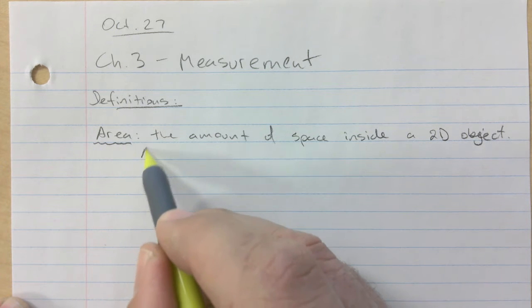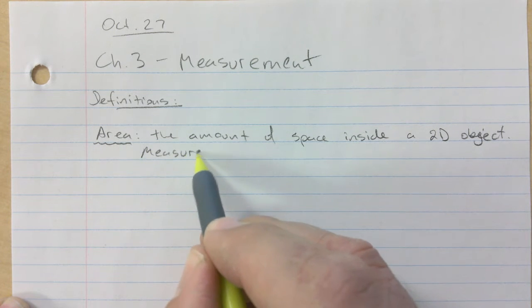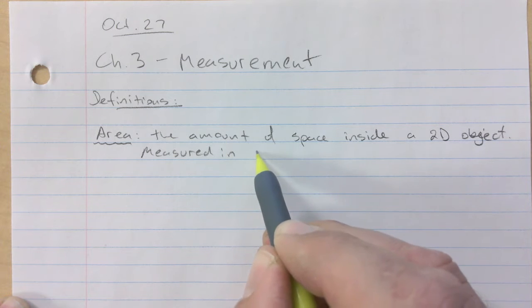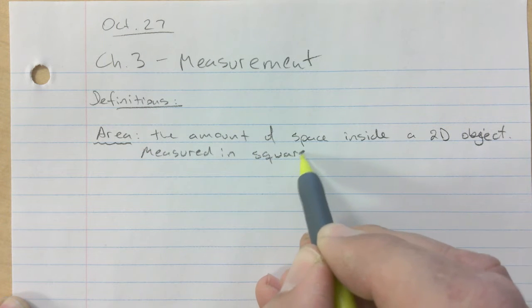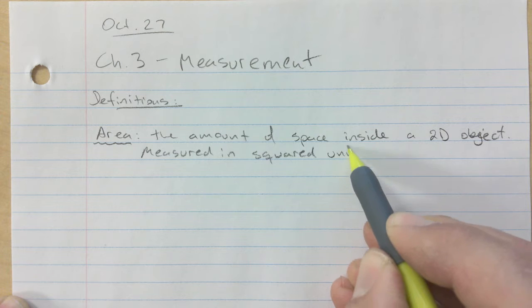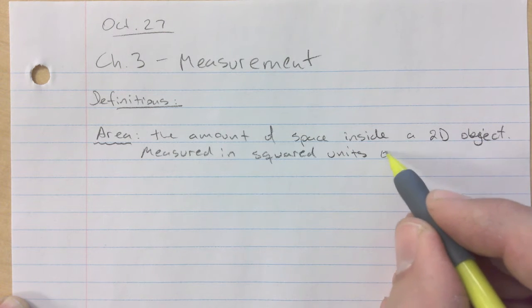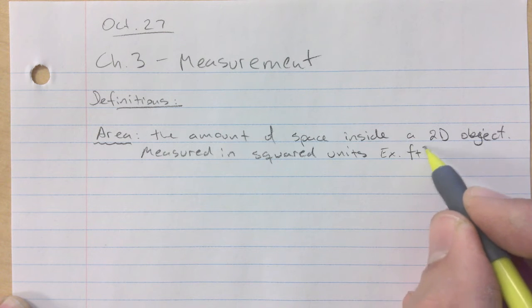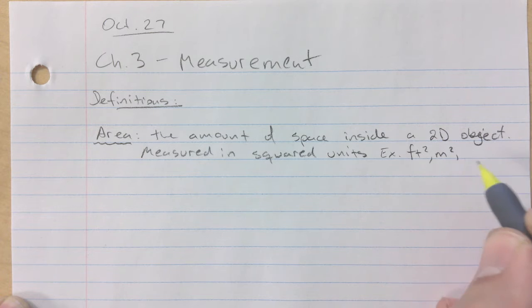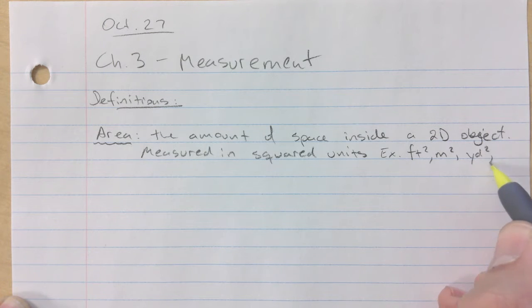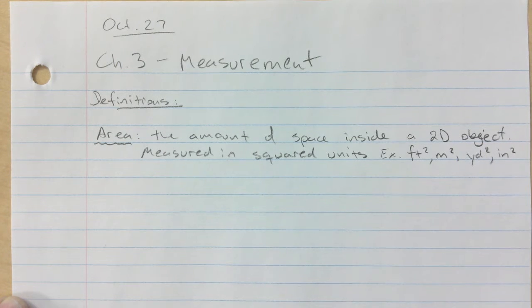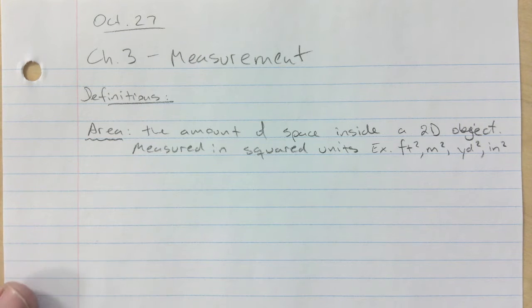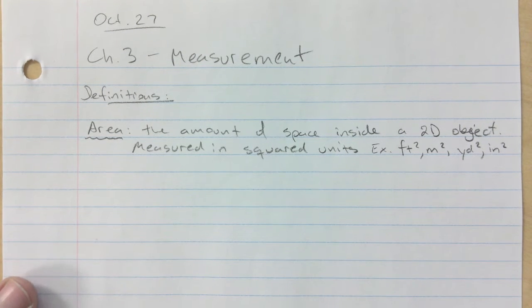Measured in squared units. Example, right? Square feet, square meters, square yards, squared inches, and so forth. They always have a little square on top of the unit that we're working with.